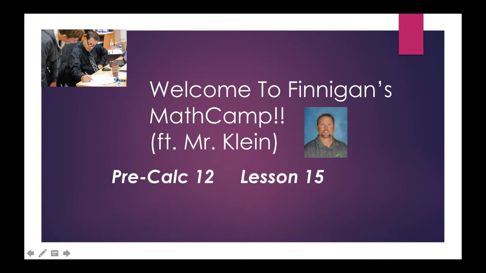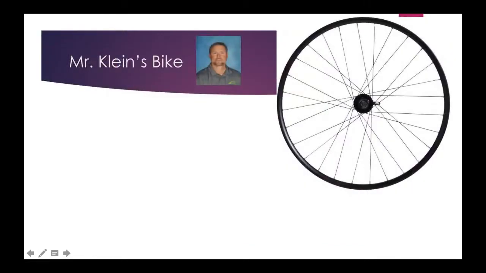So let's get started and let's see how to do the Mr. Klein problem. Mr. Klein had a bike and there was his bike wheel. If you remember the details from that, the wheel had a radius of 25 centimeters.